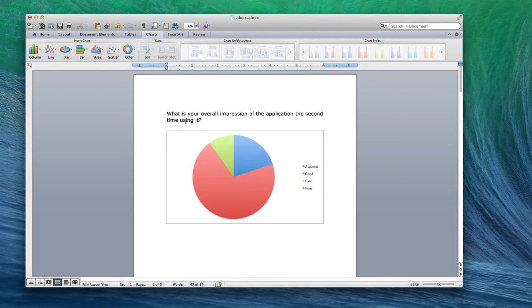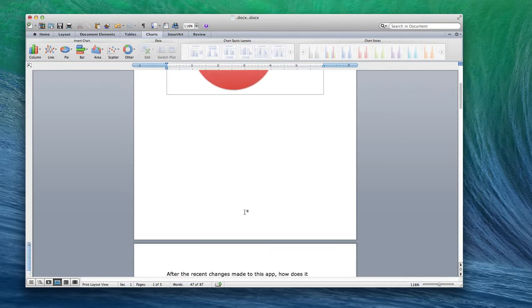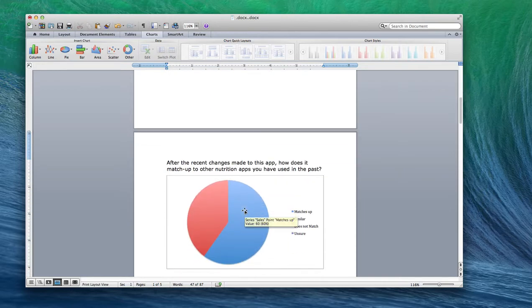The first question was, what was my overall impression of the application the second time using it? 70% said fantastic, 20% said awesome, and 10% said fair. So those are pretty close to the same as last time.